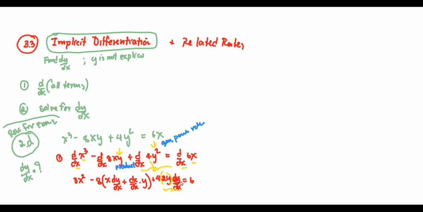Okay, so now we get the derivative of all terms. We simplify as much as we can to get 3x squared minus, I'm going to apply 8 to all terms, so 8 multiplied by x times dy by dx, and then dx equals 1.